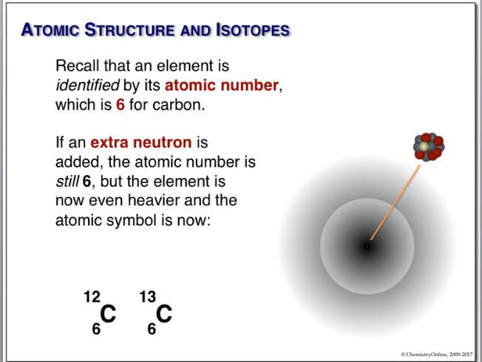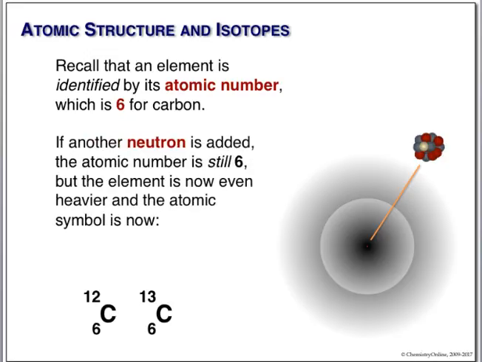It's still carbon because it still has 6 protons. With carbon, we can do this again. Add another neutron, and we get carbon with a mass number of 14.